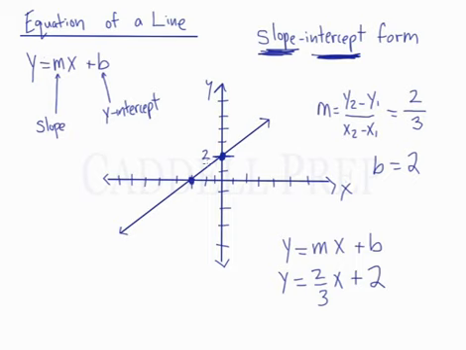So the equation of this line is y equals 2/3 x plus 2. So the slope-intercept form for the equation of the line is y equals m, which is the slope, times x plus b, which is the y-intercept.